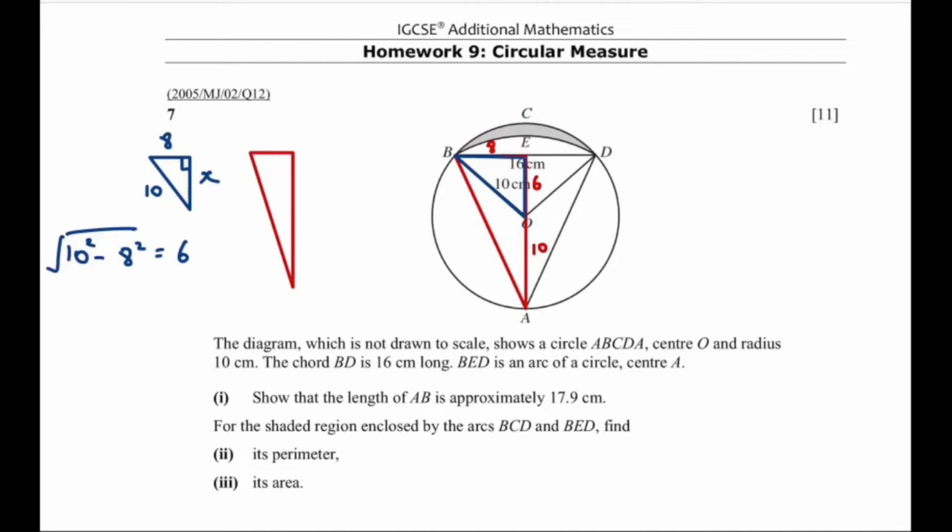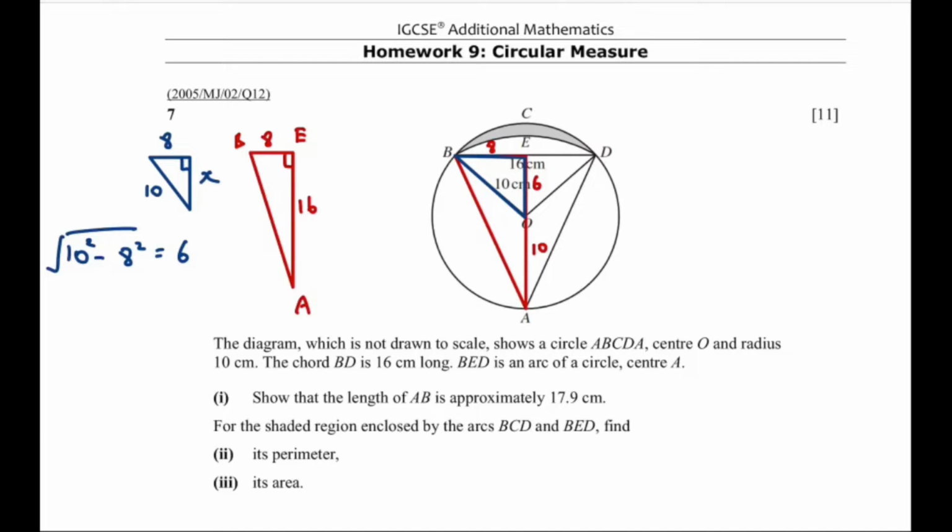Okay, so from a smaller right angle triangle, you can build a larger right angle triangle with the following dimensions: B, E, A, right angle, BE is 8 cm, EA is 6 plus 10, so we have 16. Your task is to find the length of AB approximately, so we can just use Pythagoras theorem as well.